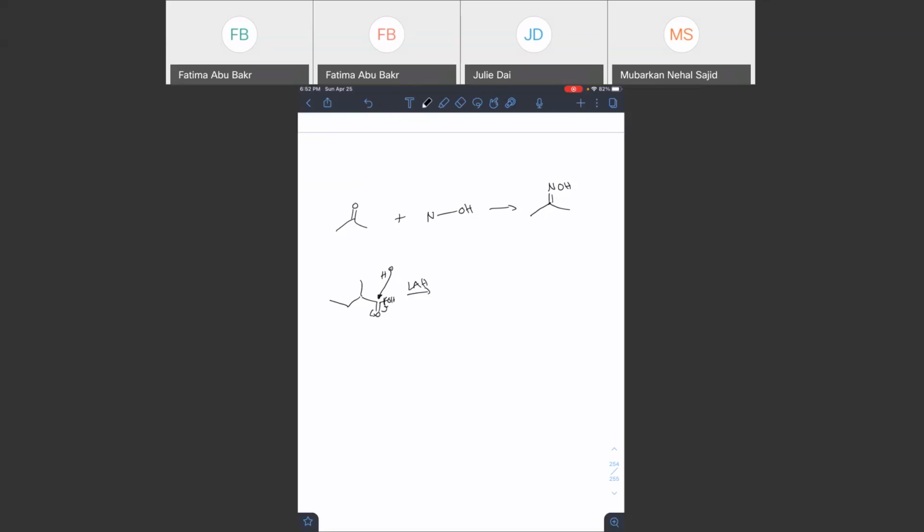Either way, what you get is this from the LAH product. After that it has PBr3, and that one everyone knows by now. PBr3 just takes that OH and changes it to a Br, and once you change it to Br, you can do so many things with it.